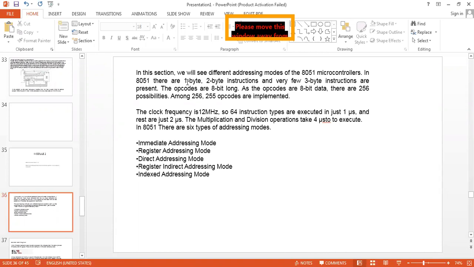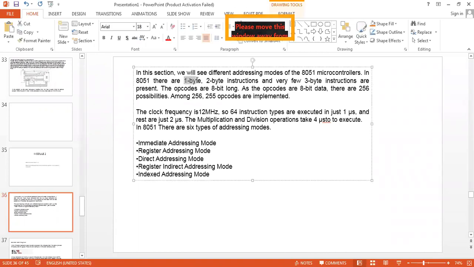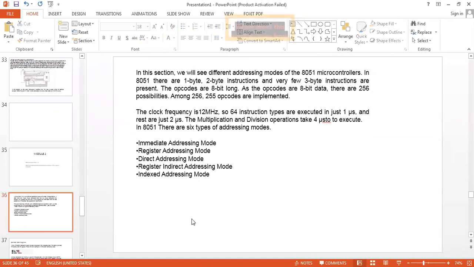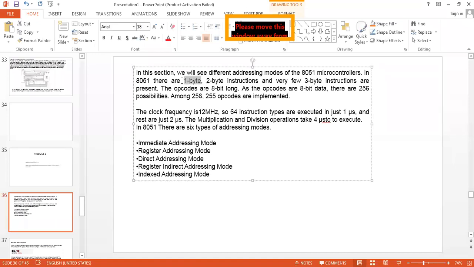And what we have seen is there are different sizes of instructions: 1 byte instruction, 2 byte instruction, as well as there are a few 3 byte instructions also. It means that if I write one instruction, that instruction is going to be stored into the program memory, and in that program memory, that single instruction can occupy only a single byte. So there are 1 byte instructions.